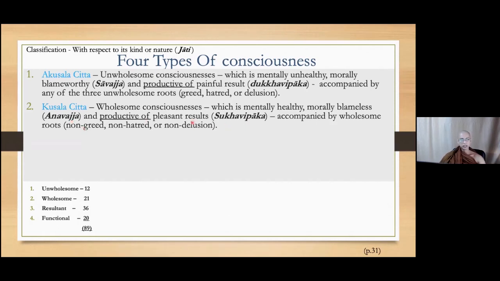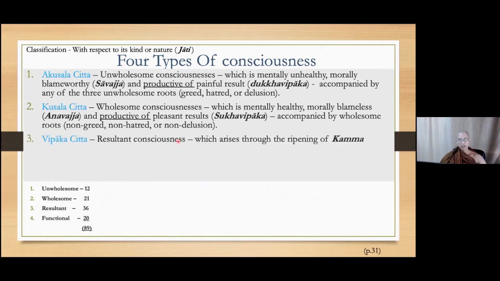So you can identify any type of consciousness as kusala by this characteristic: if it is mentally healthy, morally blameless, and can produce pleasant results, that is kusala. And when you follow the roots, you find three roots: non-greed, non-hatred, and non-delusion. They are the roots of wholesome consciousness. In this way, we can identify wholesome consciousness, kusala chitta.